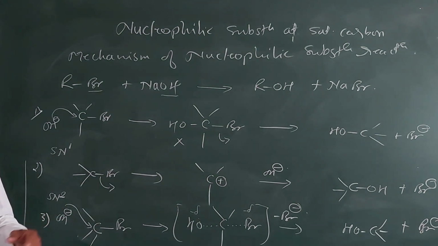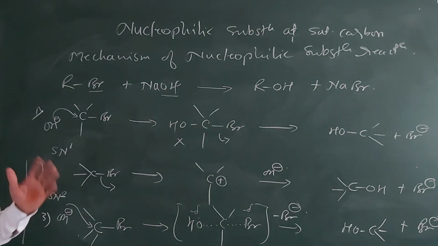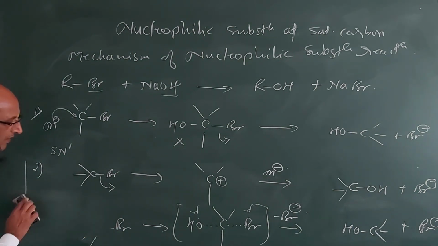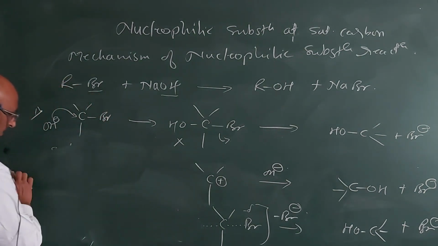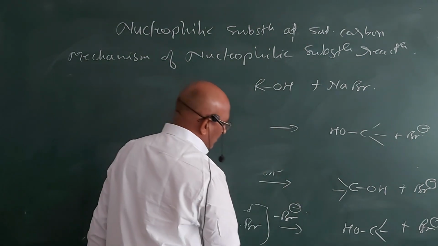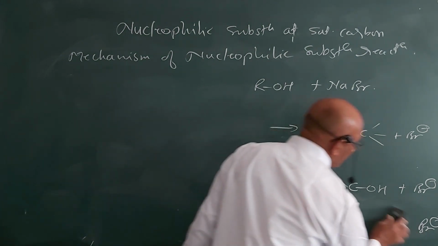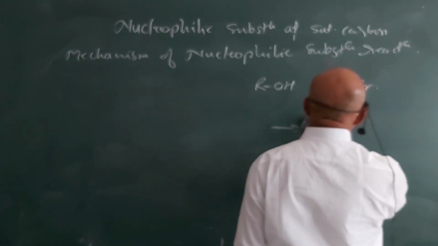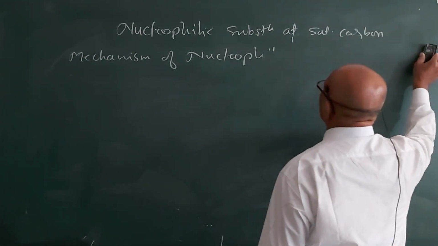And so in this way we are supposed to study these two different mechanisms thoroughly in detail, which we have studied in 12th standard also, and last year also we have studied these reactions or mechanisms. Now one by one we can deal with the different types of nucleophilic substitution reaction.